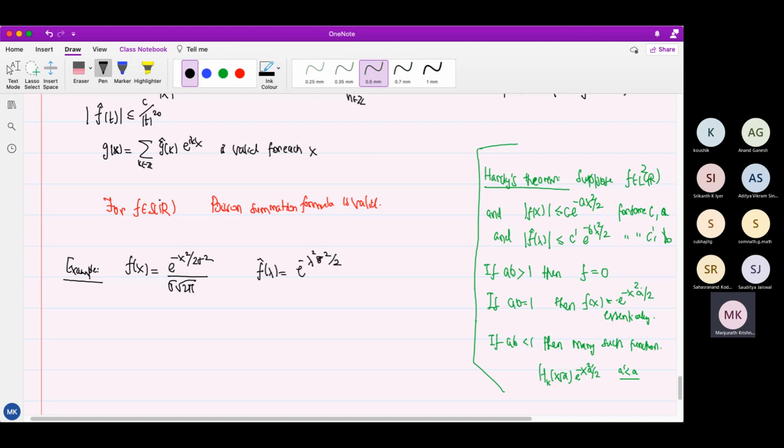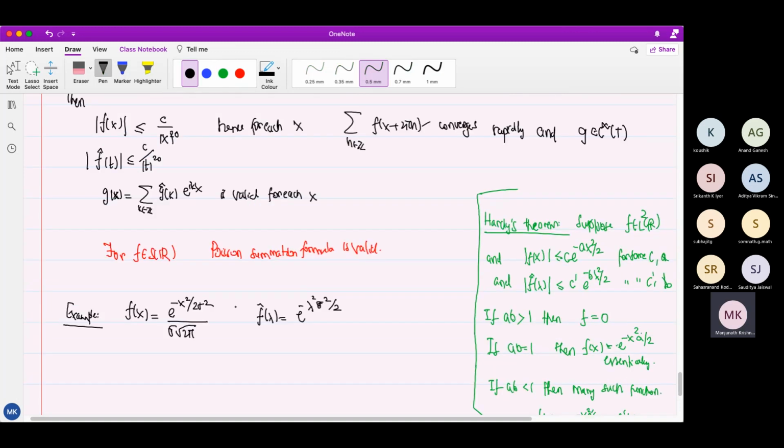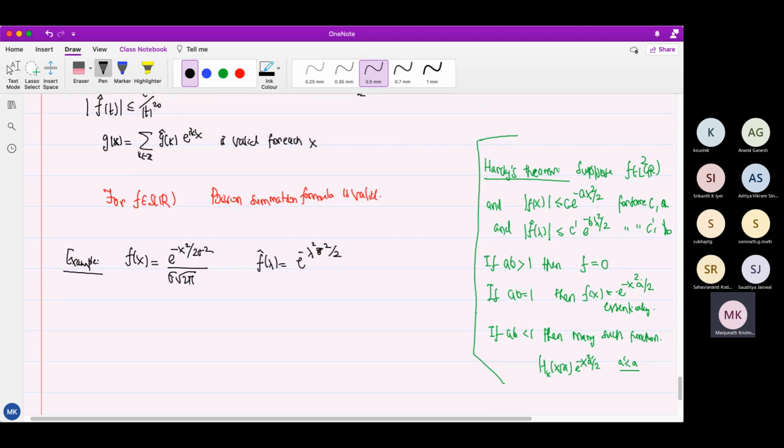Okay, so let me just finish what I was planning to say. Poisson summation formula, how does it feature here? This is a rapidly decaying function in the Schwarz class, so everything is fine.